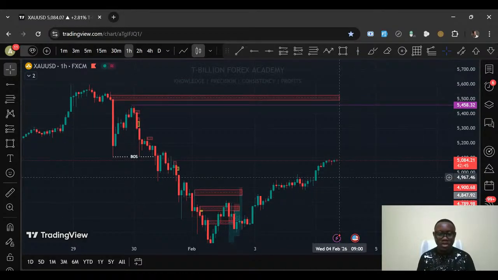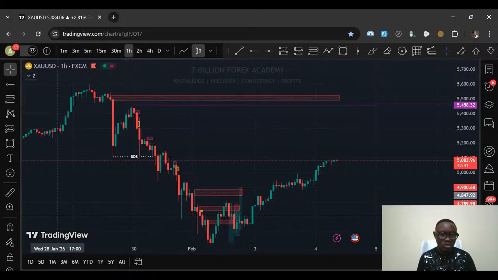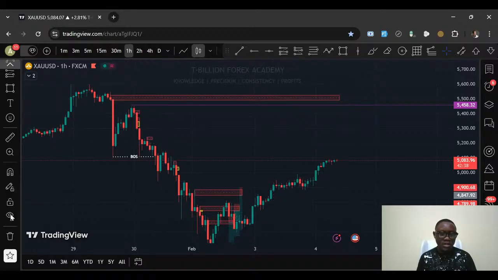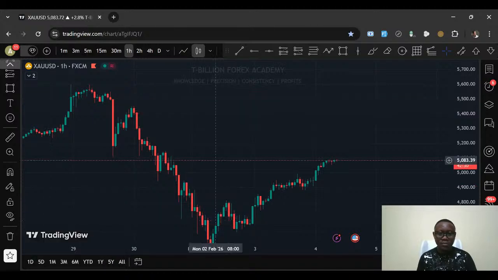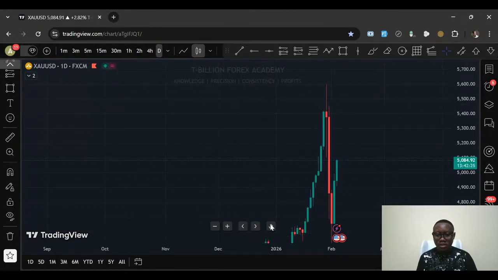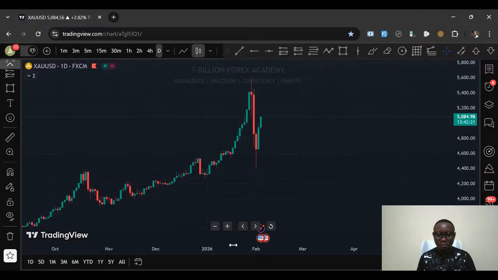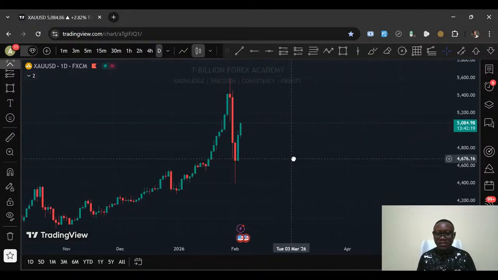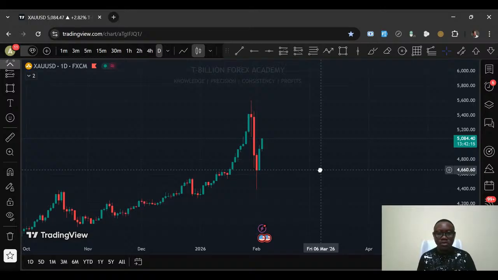So let's head straight to the daily time frame and begin our top-down analysis process as usual. I'm going to clear the chart. So here is our daily time frame. Let's start marking out our order block zones.